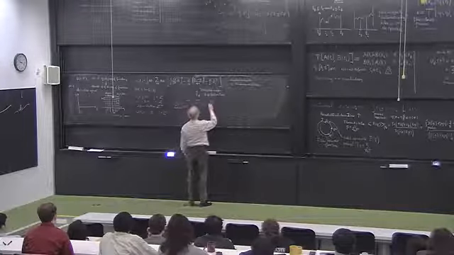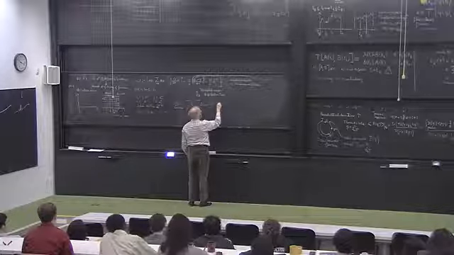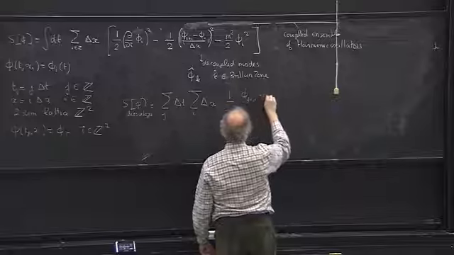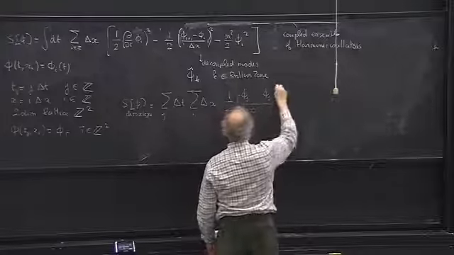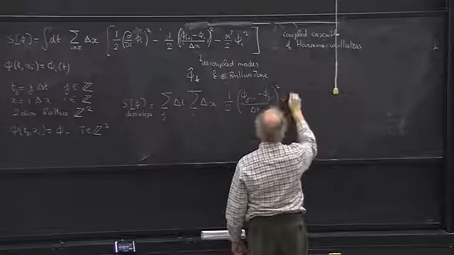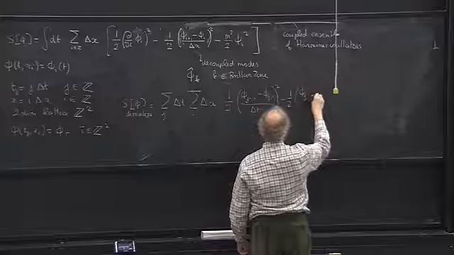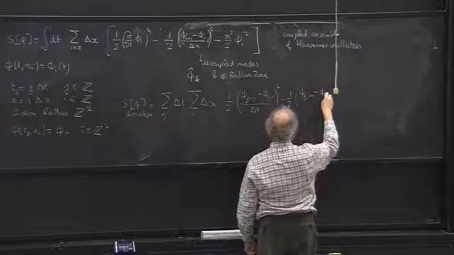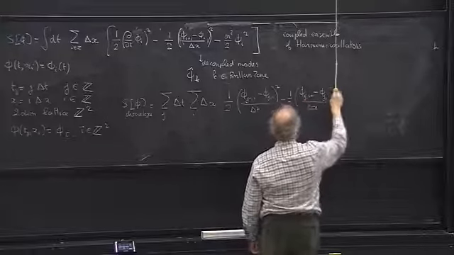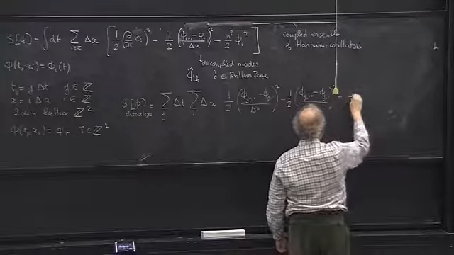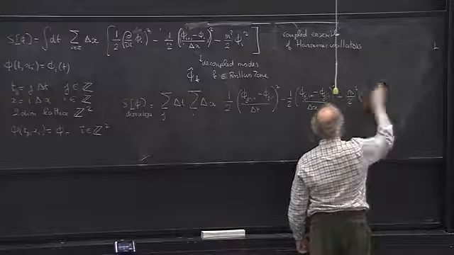You get 1/2 ((phi_{g+1,i} minus phi_{g,i}) over delta t) squared minus 1/2 ((phi_{g,i+1} minus phi_{g,i}) over delta x) squared minus m squared over 2 phi_{i,g} squared.